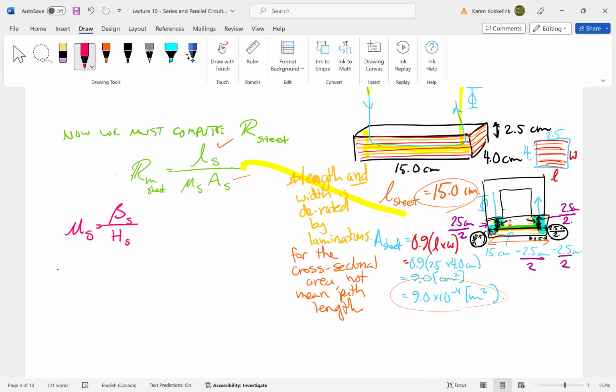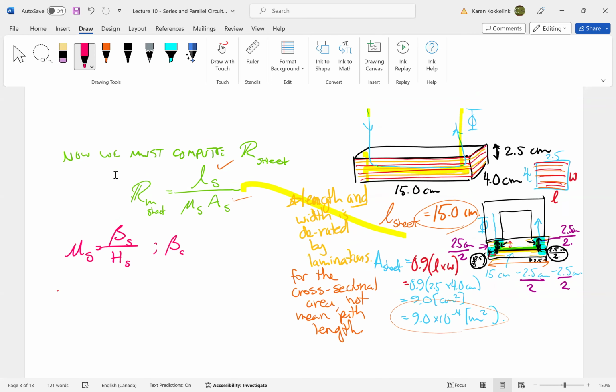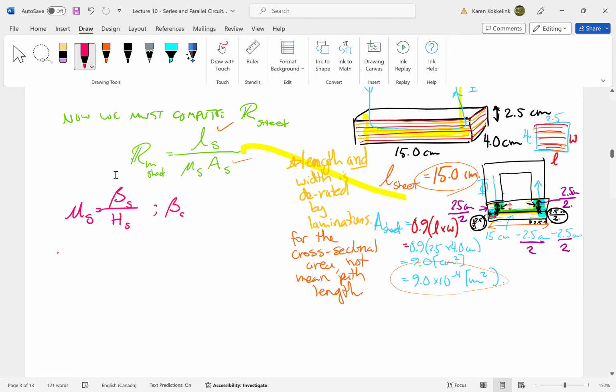And we can calculate the flux density of the sheet section, which is merely those number of flux lines, which we know from the problem, over the area of the sheet section. And the area of the sheet section comes into question here.